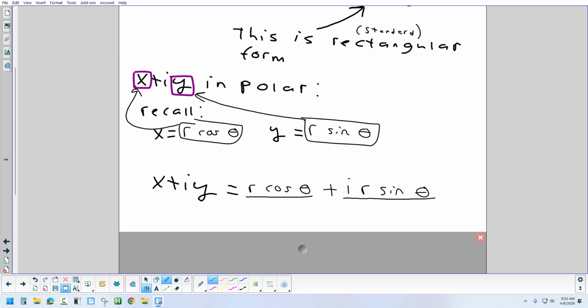They both have an R in common. When 2 things are being added or subtracted and they have the same thing in common, you can factor it out. So let's do that. If I factor an R out of this first term, what's left? Cosine theta. If I factor an R out of the second term, what's left? I sine theta. Yep.